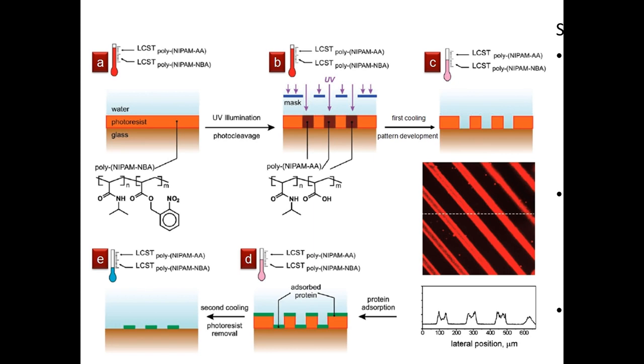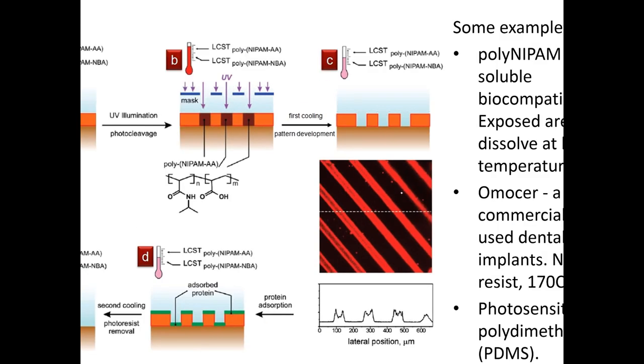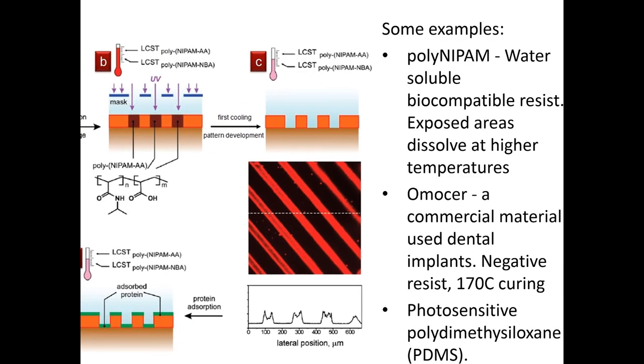In the case of this material, exposure to the light changes the temperature at which the material dissolves. The exposed areas will dissolve at higher temperatures than the non-exposed areas.